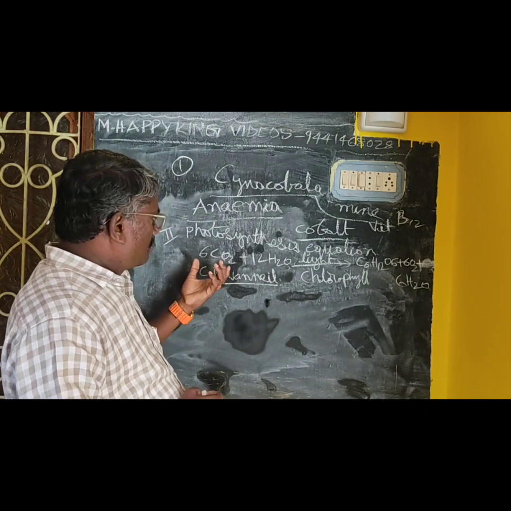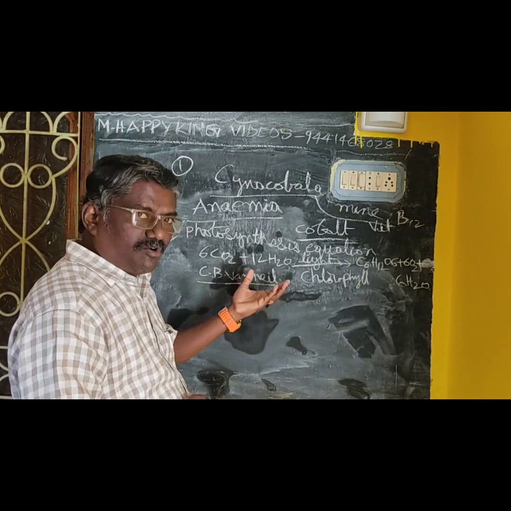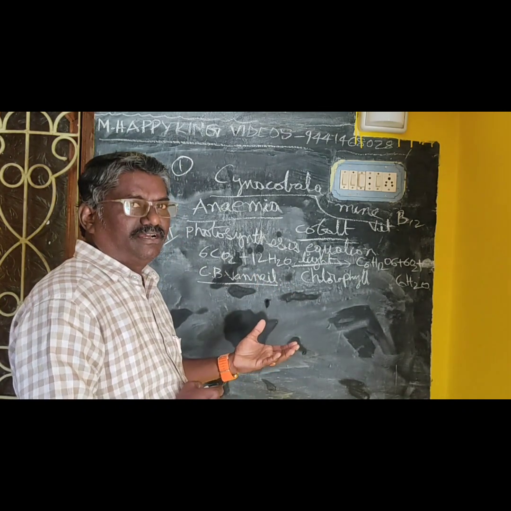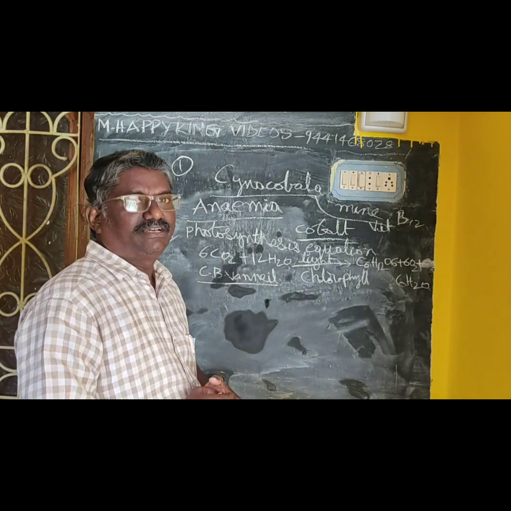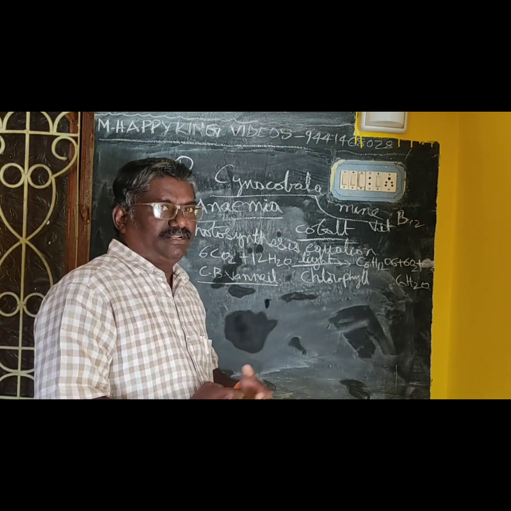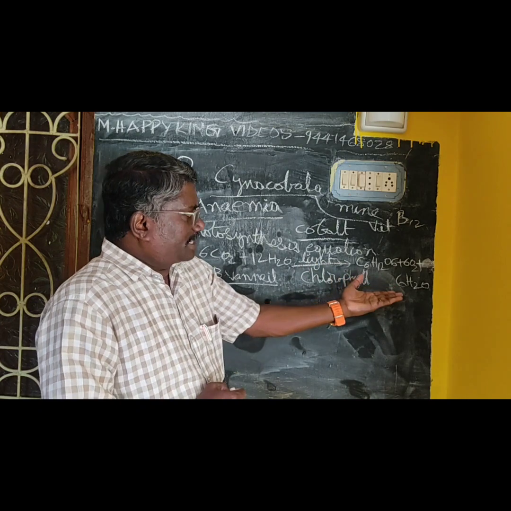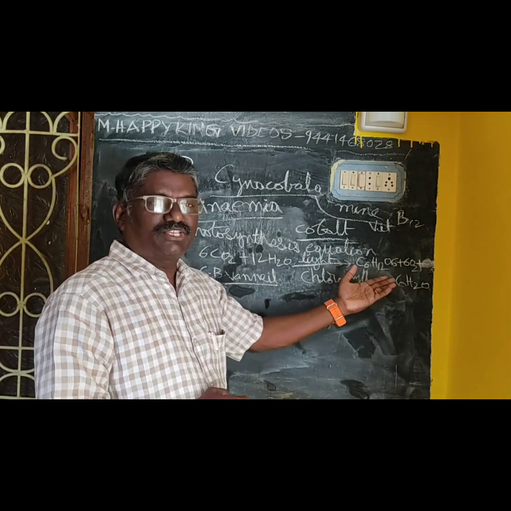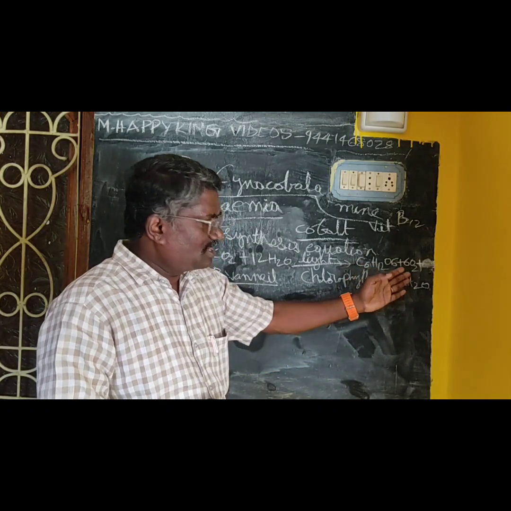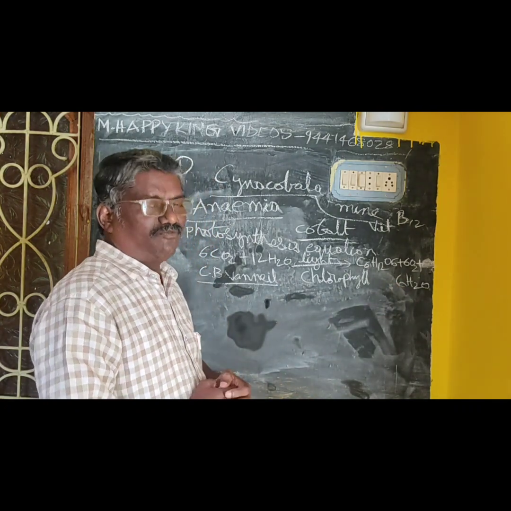6 carbon dioxide molecules and 12 water molecules are converted in the presence of light, by the absorption by the chlorophyll. These products, C6H12O6 glucose molecule, 6 oxygen molecules, and 6 water molecules are formed.